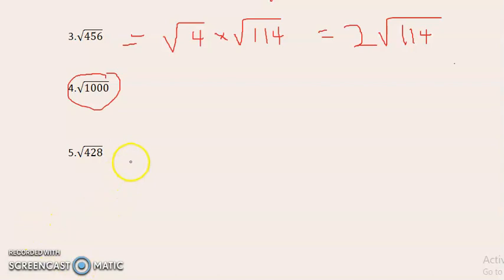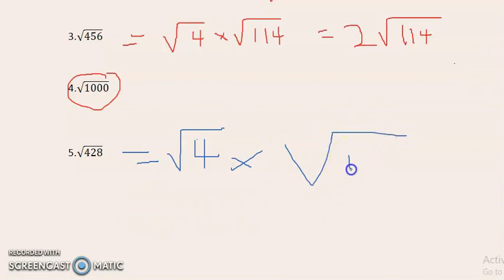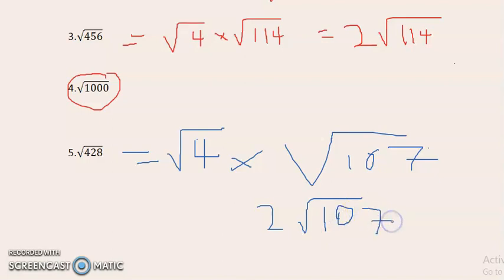When you break it down using its prime factors, you get the root of 4 multiplying the root of 107. Now, this simplifies to be 2 root of 107. So this is very simple.